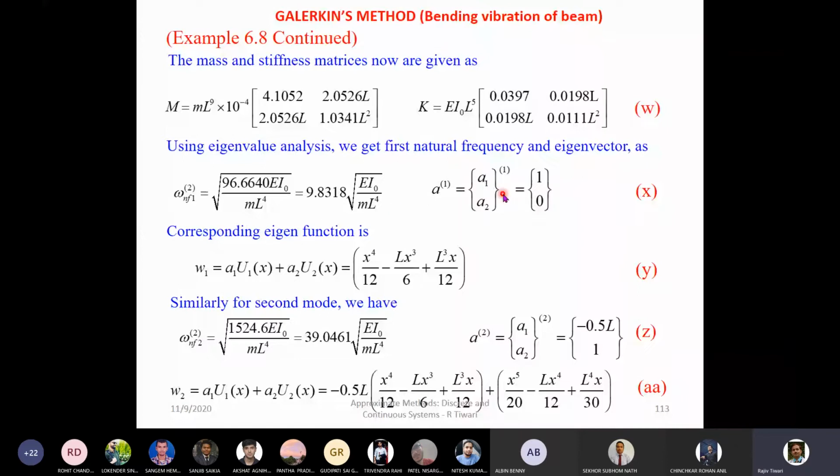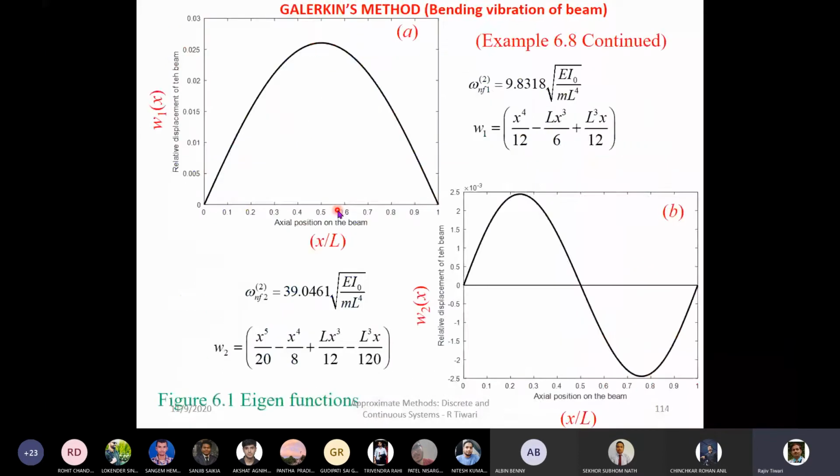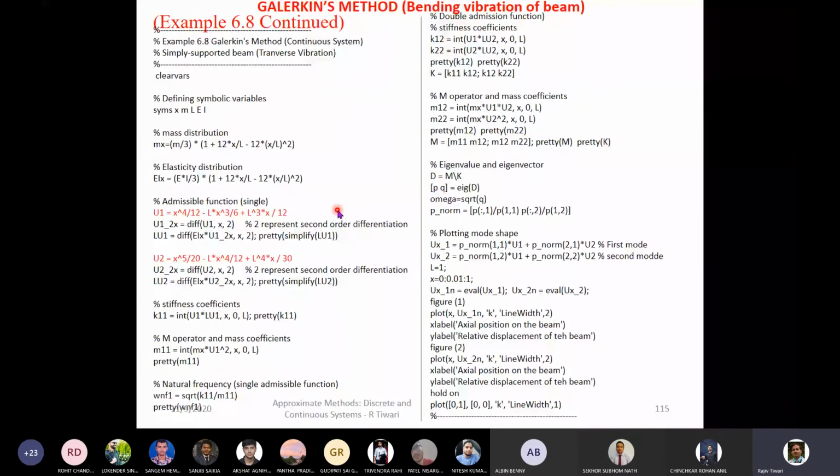They can be used here to obtain the eigenfunction for the corresponding natural frequencies. But for illustration purposes, only 2 natural frequencies are demonstrated here, but more can be taken also. This is the same code.